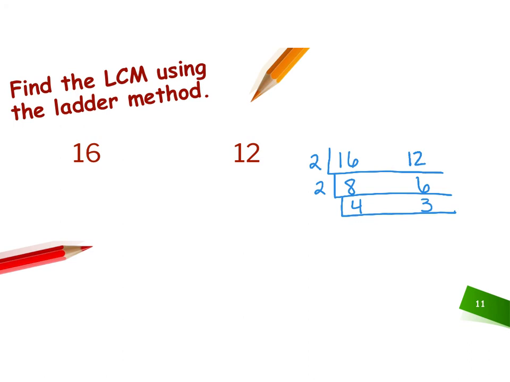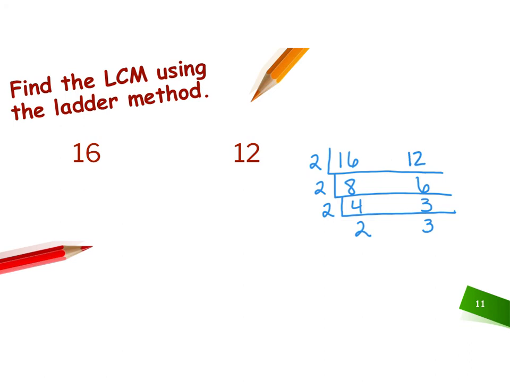Three is a prime number, but 4 is still a composite number. So I could divide 4 by 2 to make it smaller. 4 divided by 2 is 2, and then we can bring 3, that prime number, straight down.